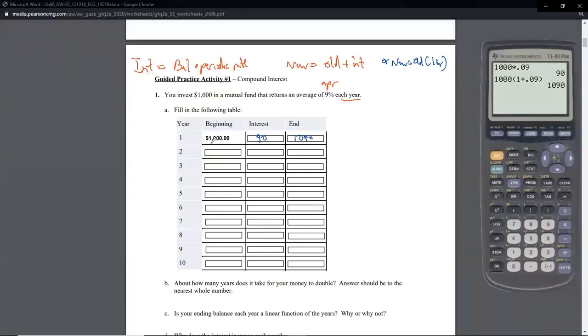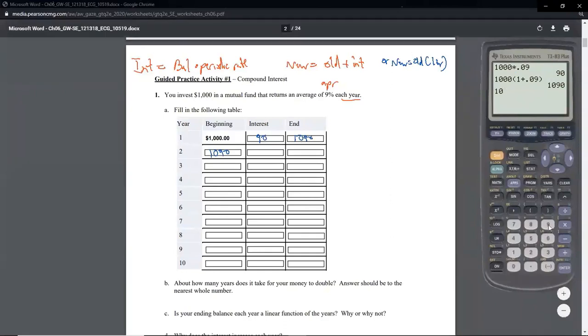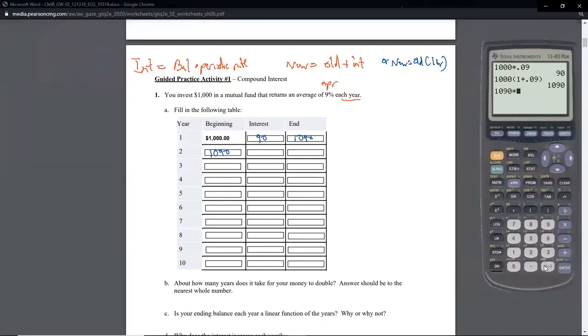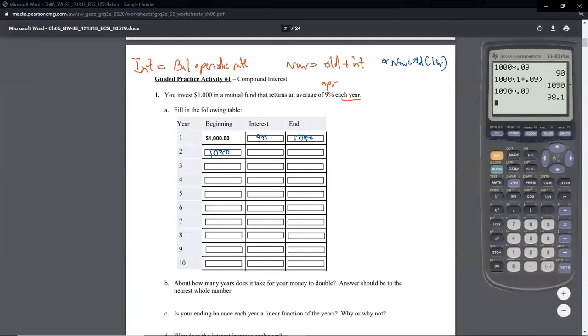All right, so now the new beginning balance is 1,090. The new old is the old new. Then to calculate the interest, we're going to take that 1,090 and multiply it by 0.09. And we get $98.10.